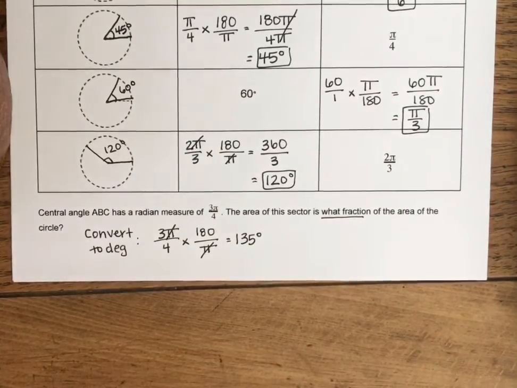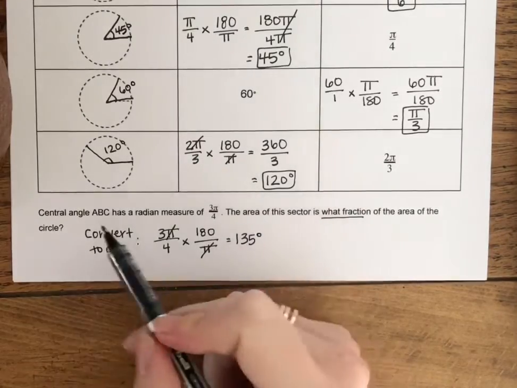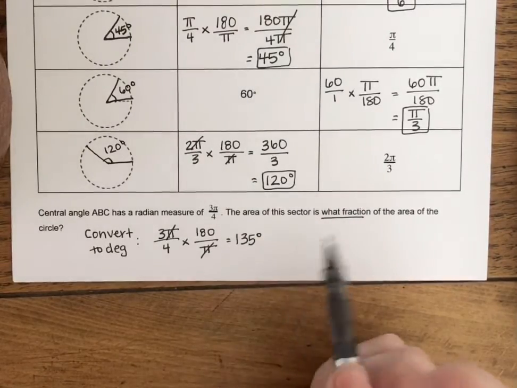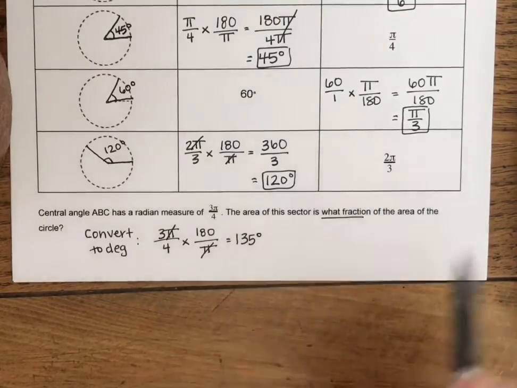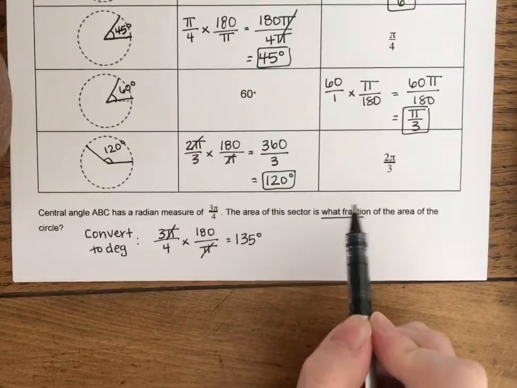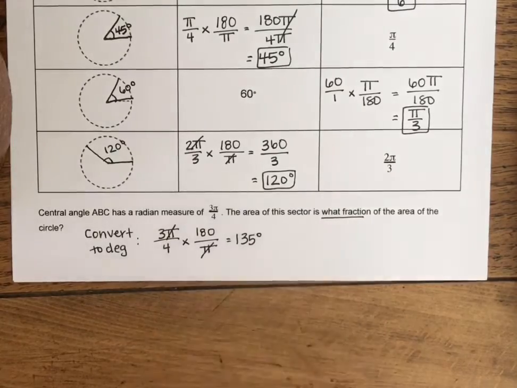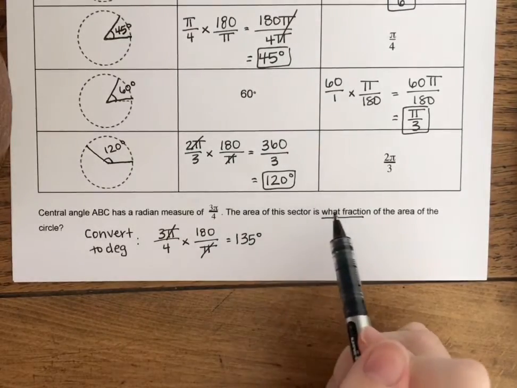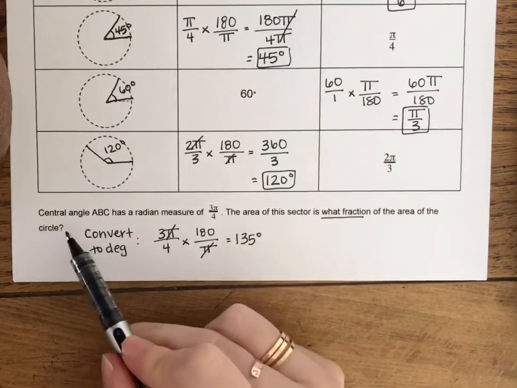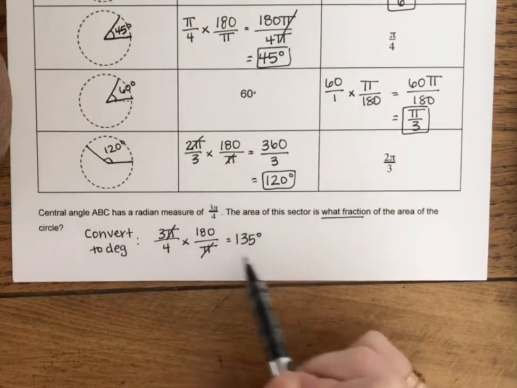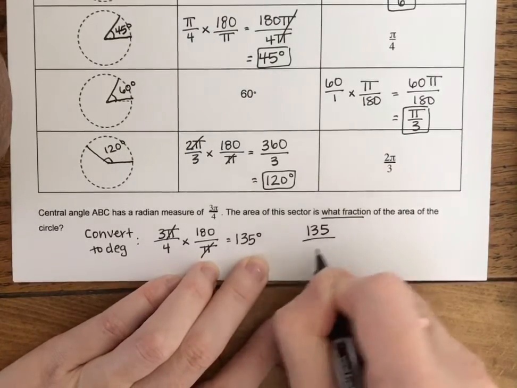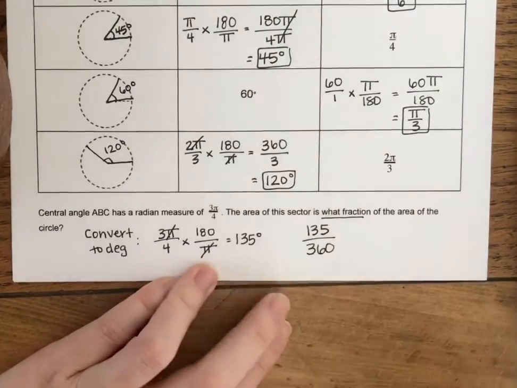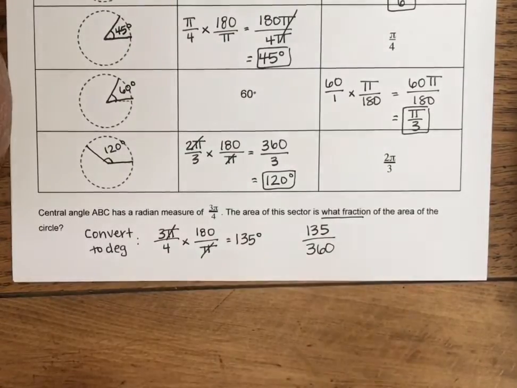Okay, so it's talking about the area of the sector, but I don't know what the radius of this circle is. Now, it doesn't matter because the area of a sector out of the total area of the circle would be the same as the degrees out of the total degrees, okay? So if I want to figure out what fraction of the total circle, all I need to do is take my 135 degrees out of the total circle, which is 360, and then I just need to simplify this, okay?